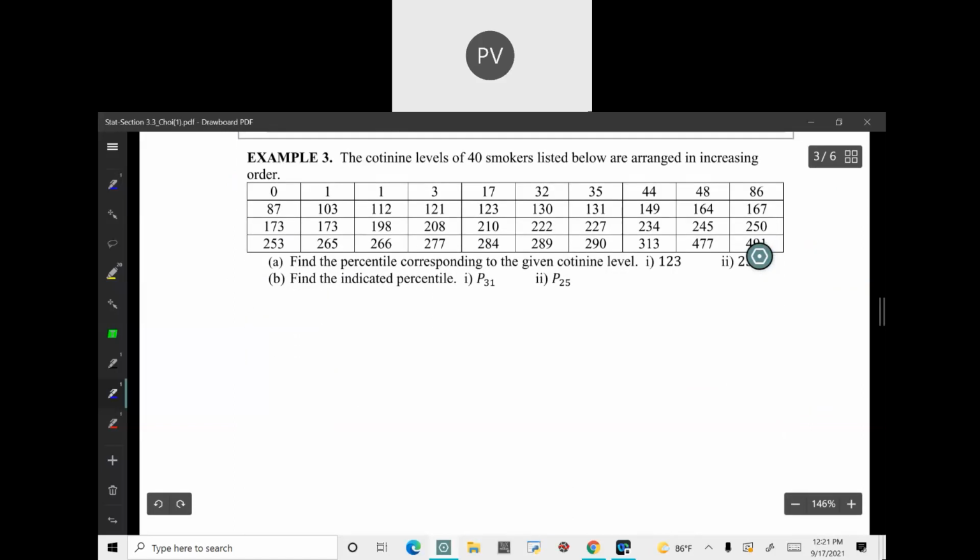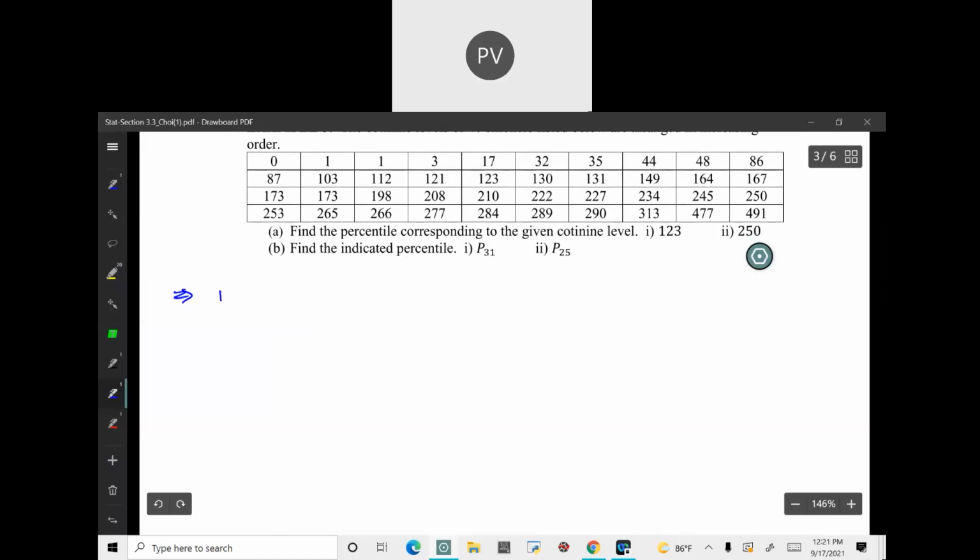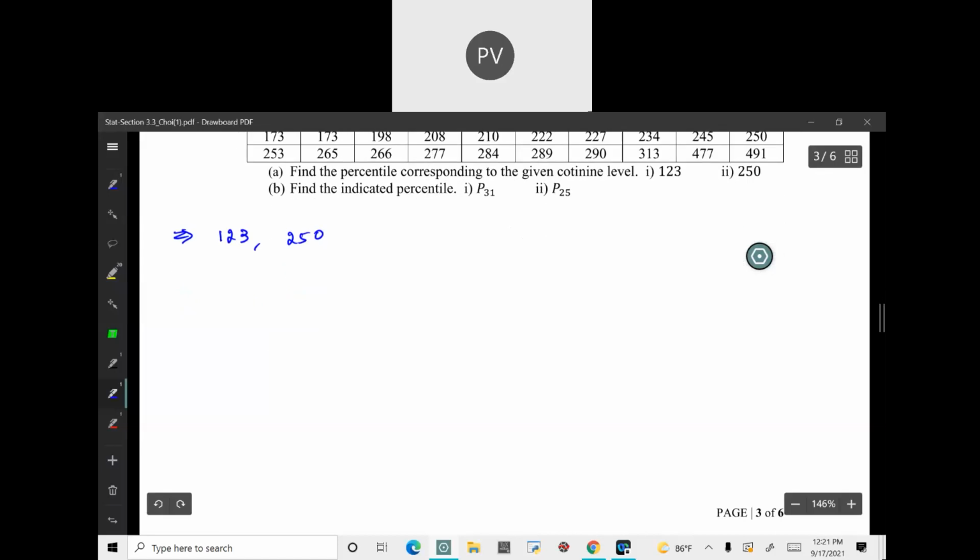Okay. So we have an example where there are two numbers given, 123 and 250. We are supposed to calculate the percentile of these numbers, and we also have a percentile given and we are supposed to calculate the data value.